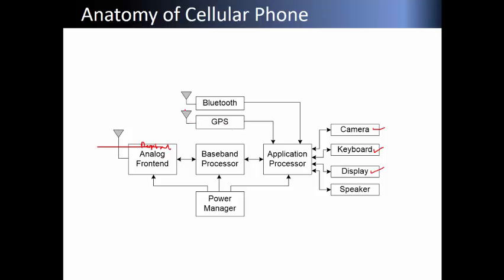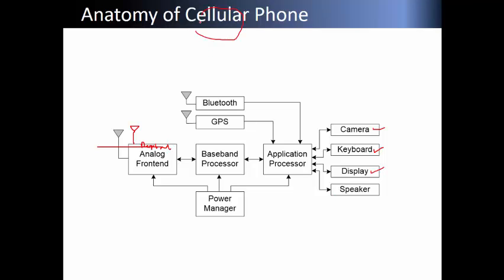And Bluetooth, if it transmits, goes also through this antenna. And if there are any signals coming through the antenna, for Bluetooth signals or GPS signals, then it comes in here, right? And it goes to display or speakers.